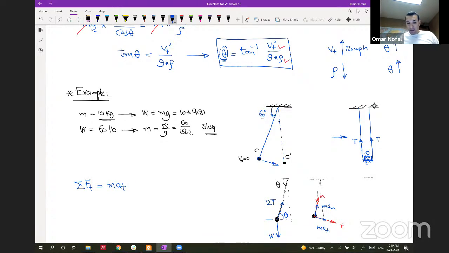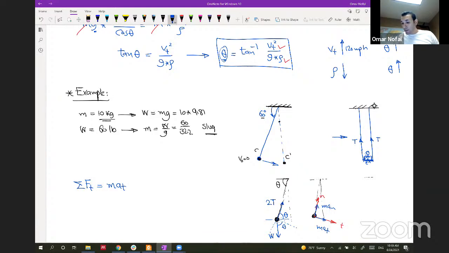So the forces in the tangent direction, we have this, and it should be this angle. Let's draw it better. If this is the perpendicular, this angle should be equal to theta, right? Because this is 90 and this is 90. So this will be equal to theta.